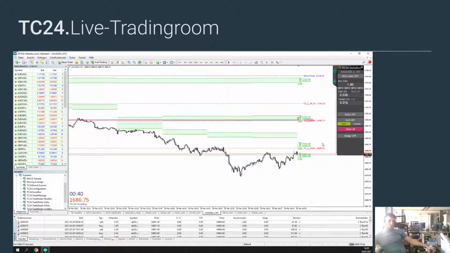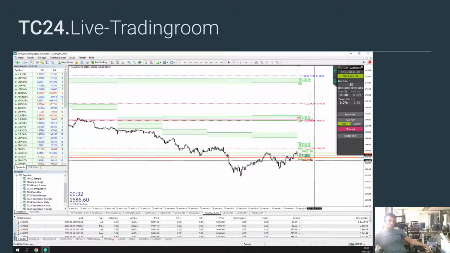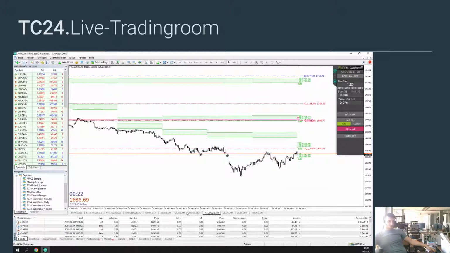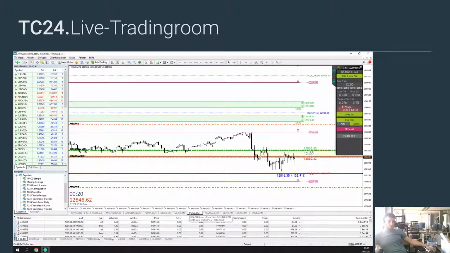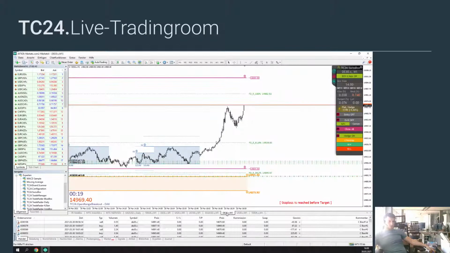Gold. Currently got a vola box here on gold. Remember, we need about €3, $3.60 of movement to get in and out of a trade. I'm not going to take that box. DAX still coming back.